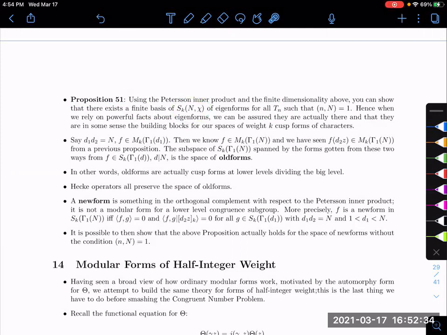Okay? So when we rely on powerful facts about eigenforms, we can be sure they actually are there, and that they are somehow building up our spaces of weight k cusp forms for characters, and hence often for weight k cusp forms of gamma 1 of N, if you use the direct sum decomposition, for example.